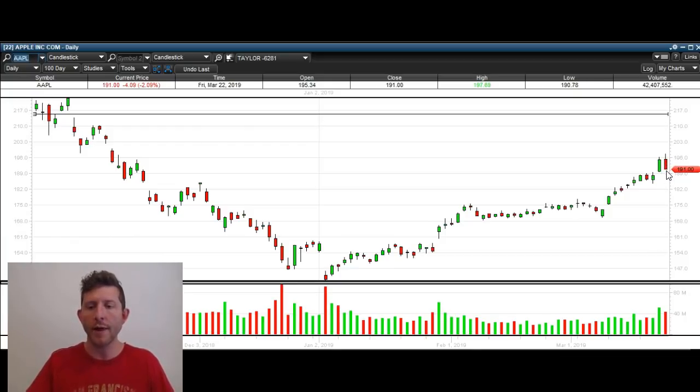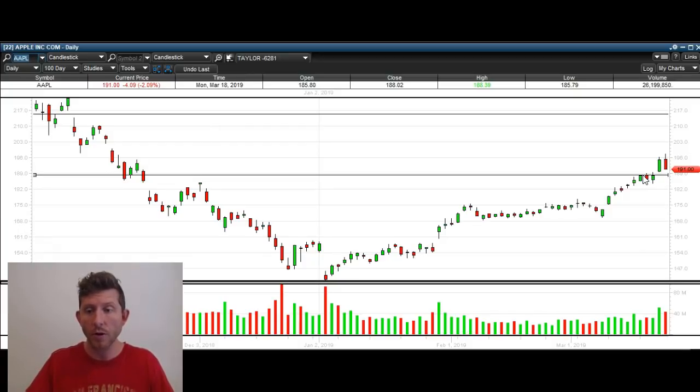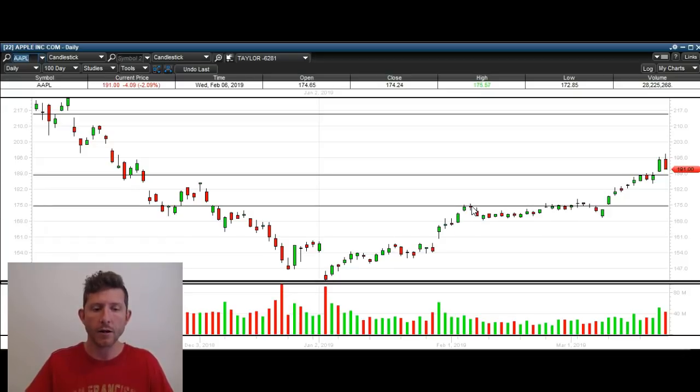We didn't even close below that low. So we've still got support here. That's the first support. We're still above that. And then the major support is right here. Started here, and then all this sideways trading right there is going to act as support. Okay, so that's what we're looking at in the market.